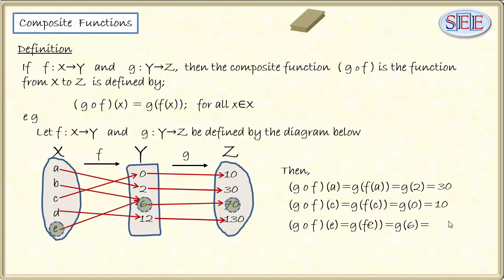If you look at the drawing, you can see it is 6. 6 is the image of e under the function f. And that element 6, its image under the function g is 70. So finally the image of e under the composite function is 70. This is how we get the image under the composite function. We take more examples.